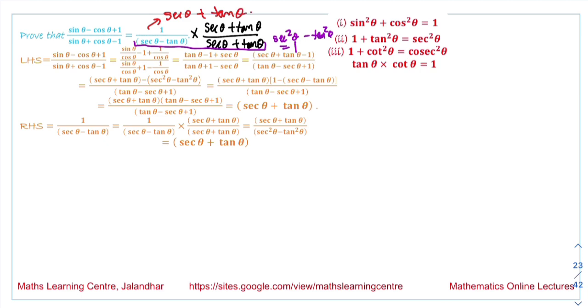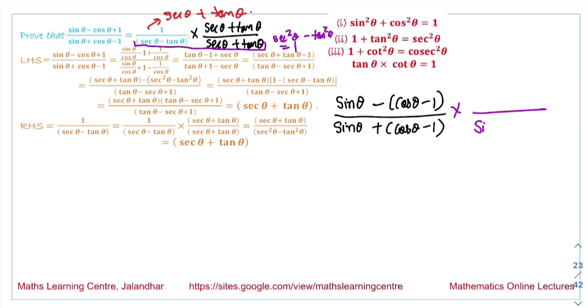Now when we talk about the left hand side, the term we have is sin theta minus cos theta plus 1 over sin theta plus cos theta minus 1, where we have taken sin theta common. We multiply and divide this term with sin theta minus cos theta minus 1.